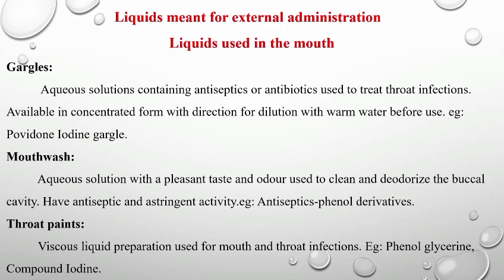For example, povidone iodine gargle. Next is mouthwash. Mouthwashes are also aqueous solutions which are used to clean and deodorize the buccal cavity. Next is throat paint. Throat paint is a viscous liquid preparation which is used for mouth and throat infections. For example, phenol glycerin and compound iodine throat paints.